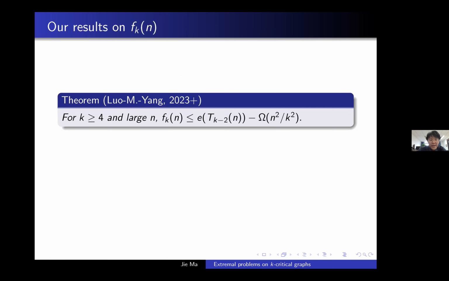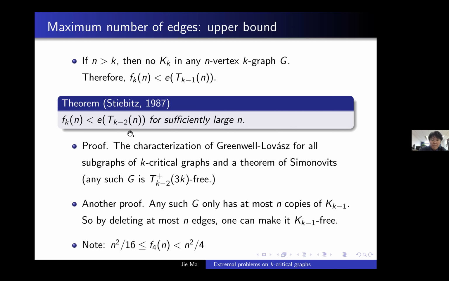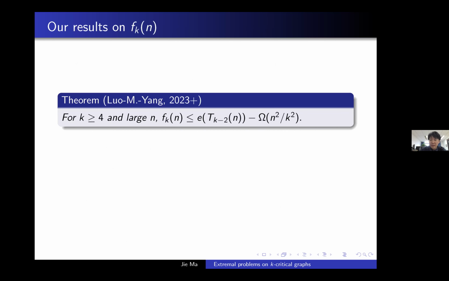When k is at least 4 and large, we can improve the bound by a term of n squared over k squared. So at least it tells us that the (k minus 1)-partite Turán graph is not extremal. And in fact, I think this is far from the extremal graph.